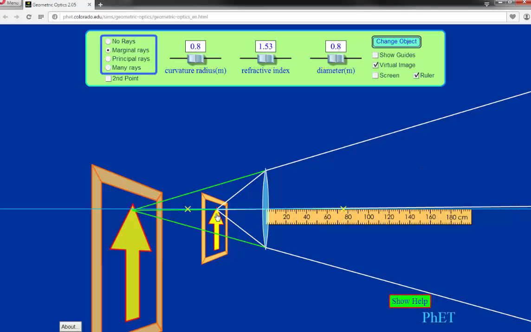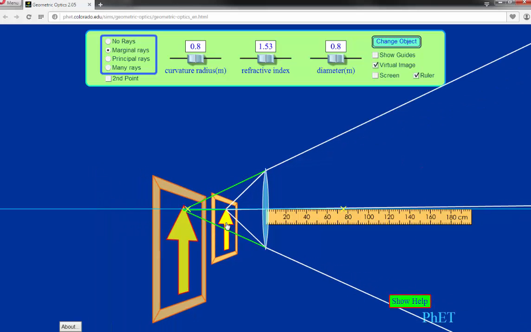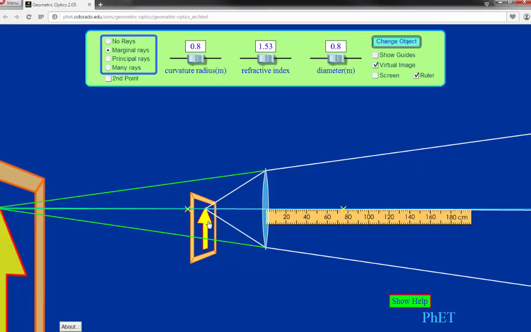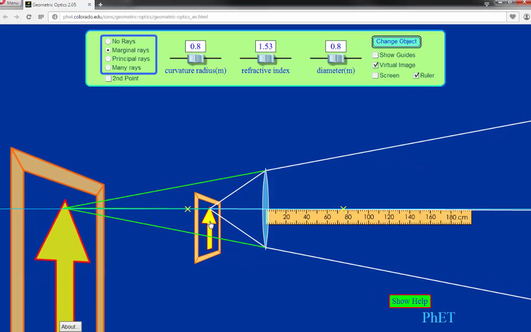They're going to see the image of this thing wherever these rays converge. Well, if you're looking along these rays, they don't actually converge anywhere, but they look like they converge back here. So it looks like there's an image back here somewhere, and that's where you're going to end up seeing this object. It's an apparent location.